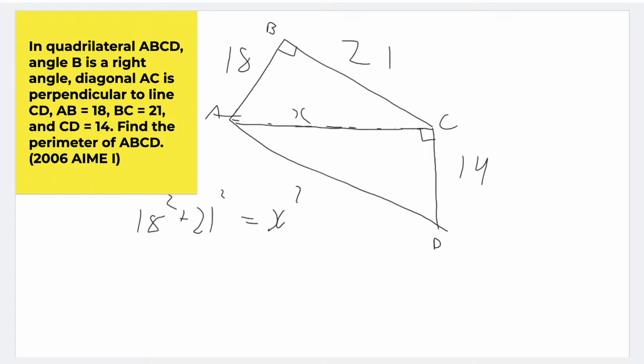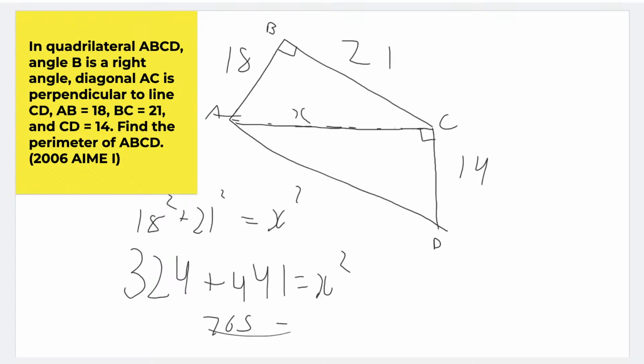So 18 times 18 is just 324 plus 21 times 21, which is simply 441, and these two numbers add up to 765, so x squared equals 765, and then you square root both sides, you get x is equivalent to the square root of 765. We're not going to simplify this right now because we want to find out AD first.